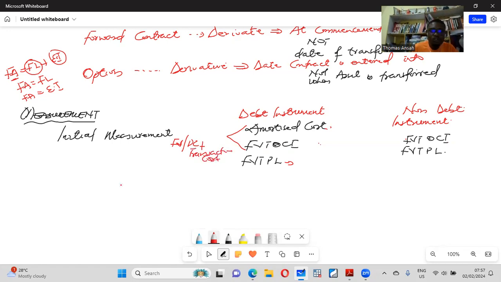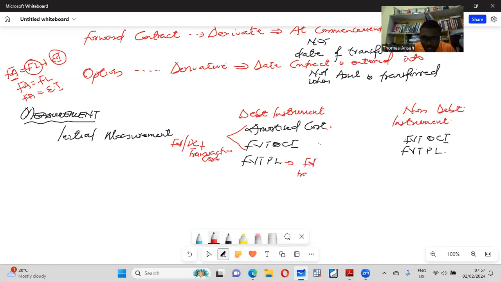Transaction cost is any cost you incur in getting the financial asset. So it can be an issue cost, it can be the broker you pay, all those things. So please, they are all transaction costs. So you add it if it is at amortized cost and if it is at fair value through OCI. But when it is fair value through P&L, the initial measurement is only the fair value. You don't add the transaction cost.